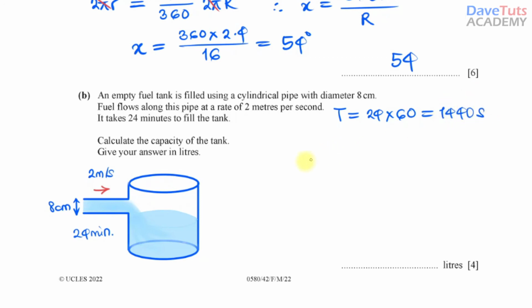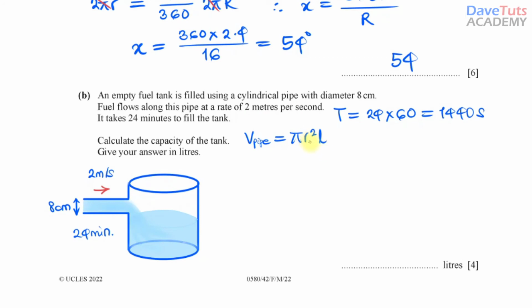But now, we are given the flow rate of this fuel in this cylindrical pipe, and if you want to take that as a volume, we need to say that the rate of flow in the pipe with respect to volume is going to be pi r square L, and I'm using that because it is meters per second that we have, so it's a flow rate.